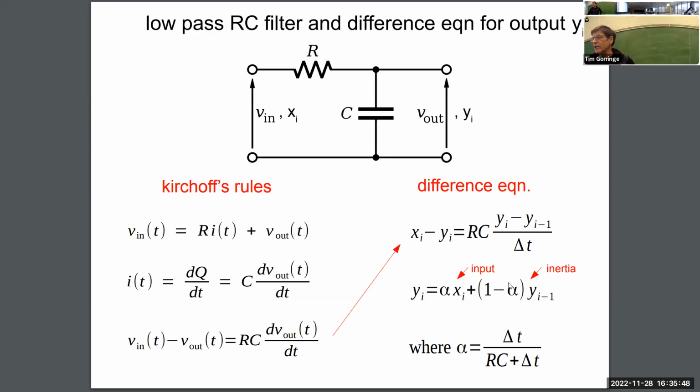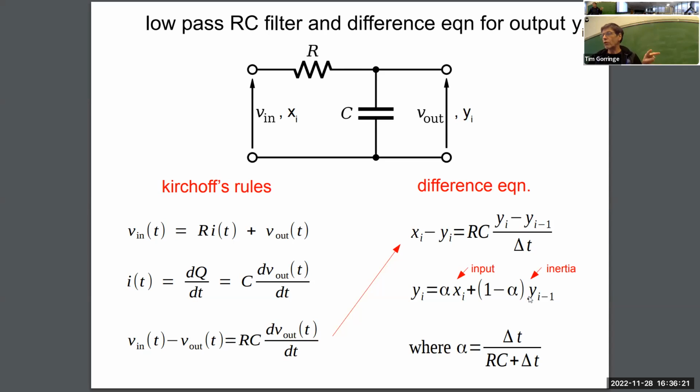And this equation tells us how to process a digital signal, how to apply a low-pass RC filter to a digital signal. And it simply says that if you want to calculate the ith output sample of your digital signal, you would calculate it from this combination of the ith input sample and the previous (i-1)th output sample.